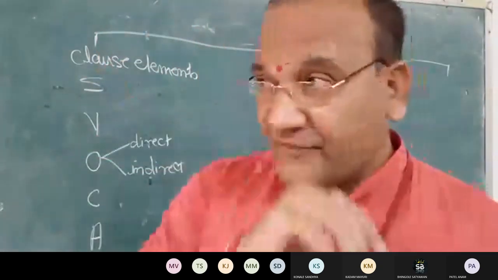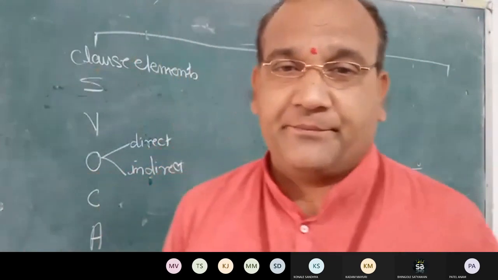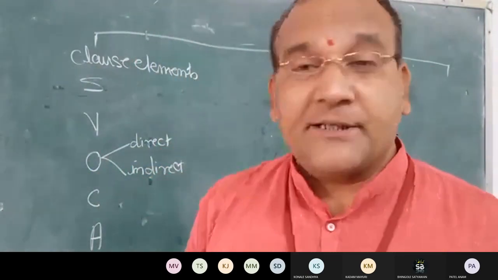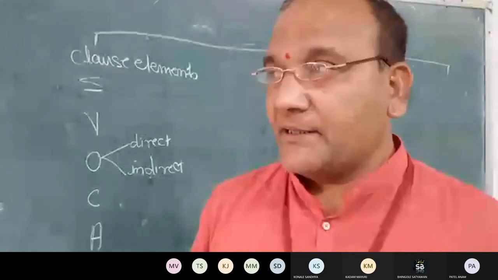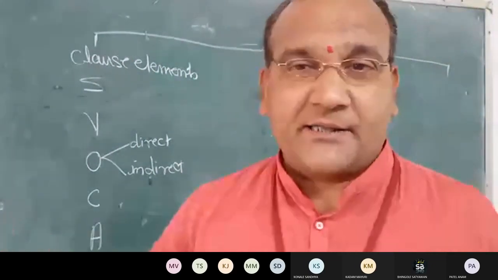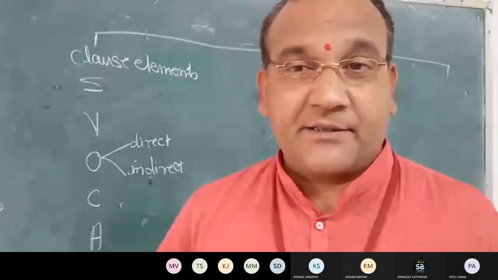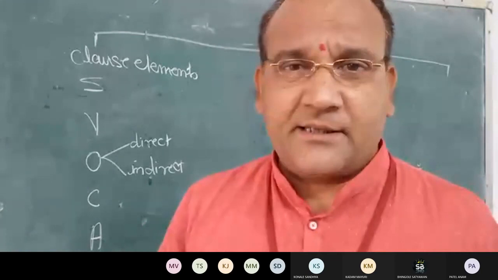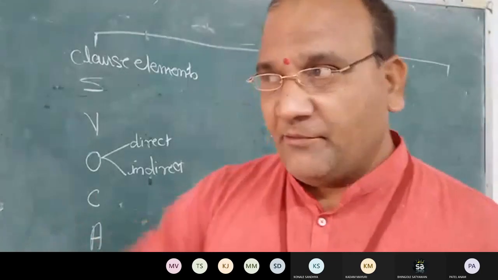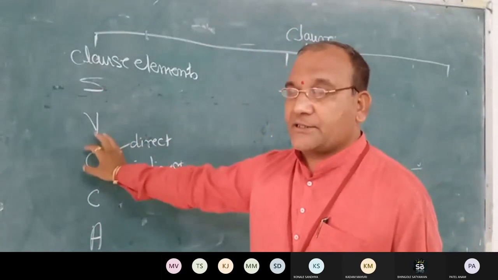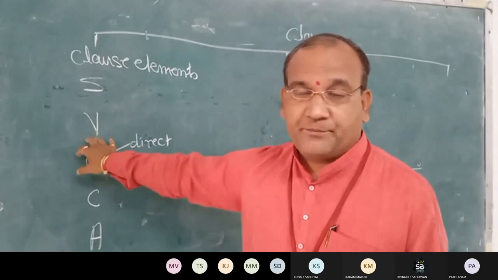Same way, when you consider getting married, there are certain restrictions. Once you decide to get married, there are certain limitations, like the girl must be of my caste, the girl must be of my religion, the girl must be fair, beautiful, etc. Same way, once you choose your subject, there are certain restrictions in the choice of verb.